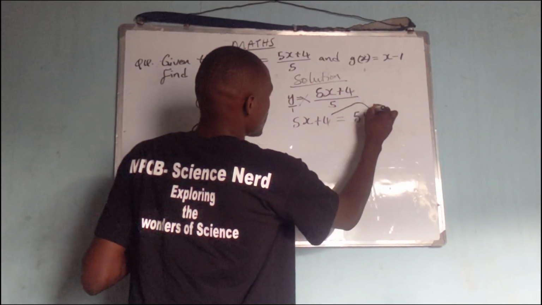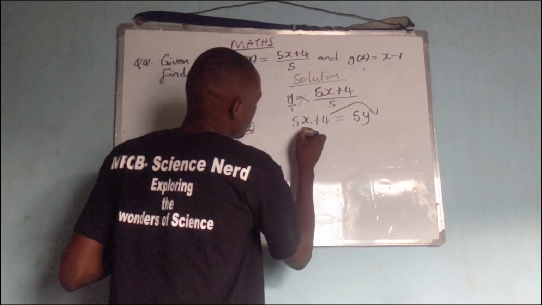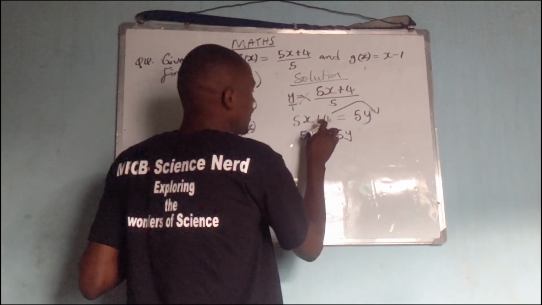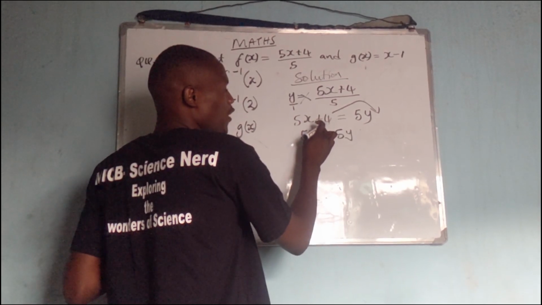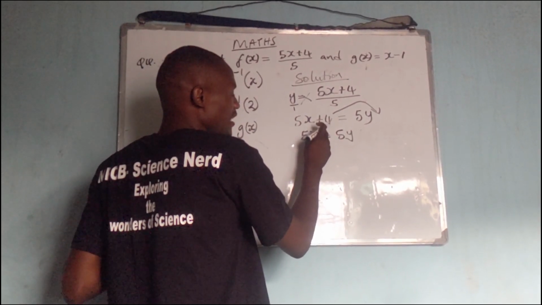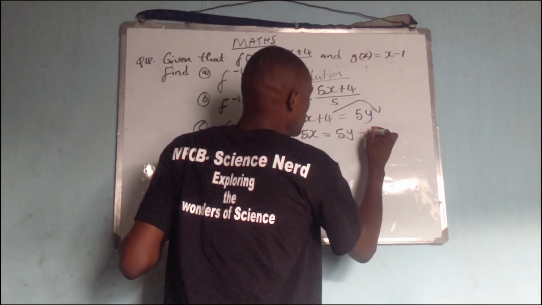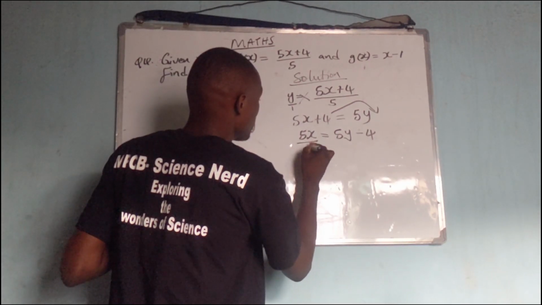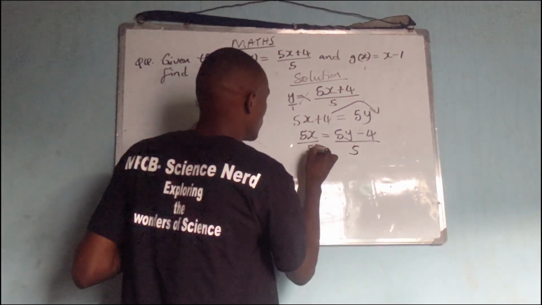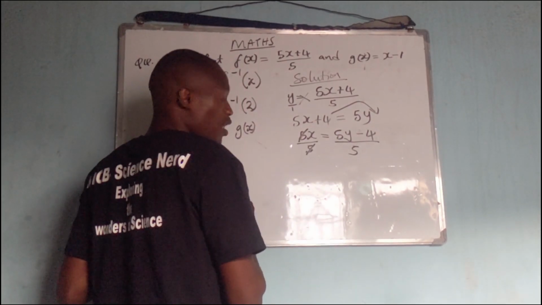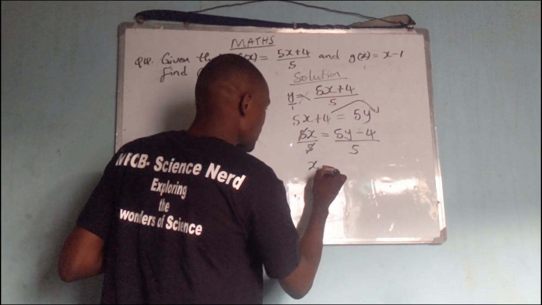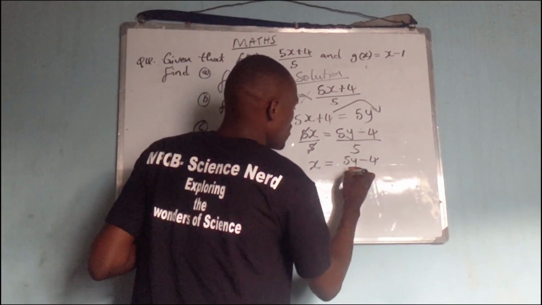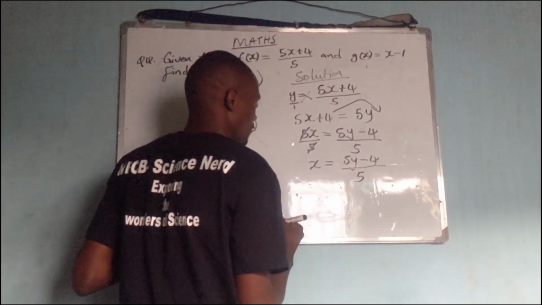We take this 4 to the other side. We are going to have 5x, which is equal to 5y. As we are taking 4 to the other side, it changes its sign. Therefore, it will be negative 4. We divide both sides by 5. Therefore, we are going to have x, which is equal to 5y minus 4 divided by 5.